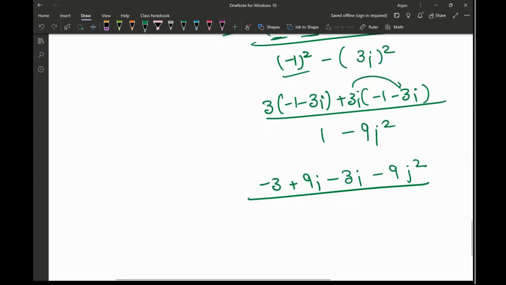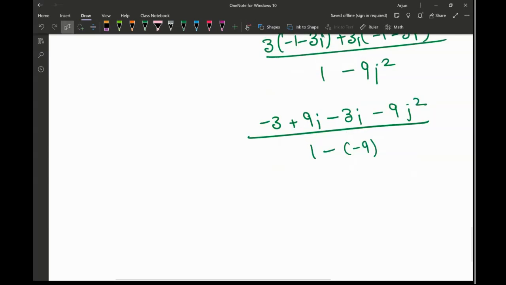On the bottom 1 minus 9, because j square is negative 1. So this will become 10 on the bottom.